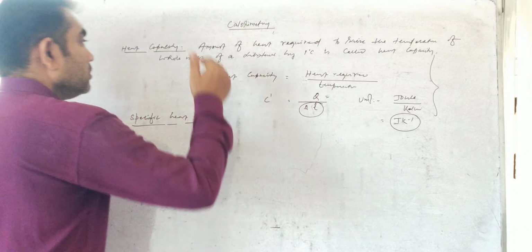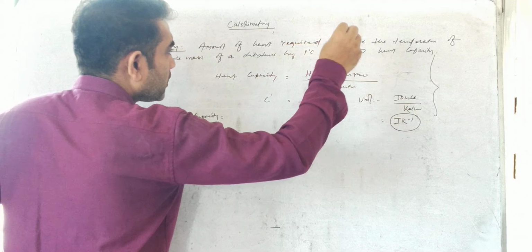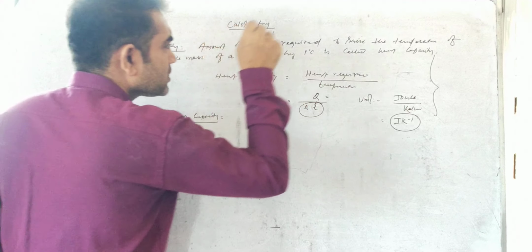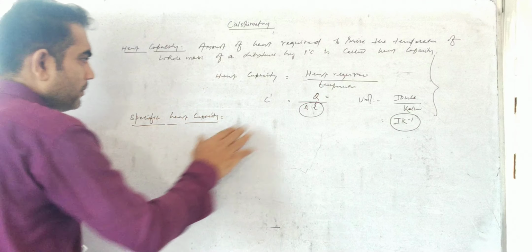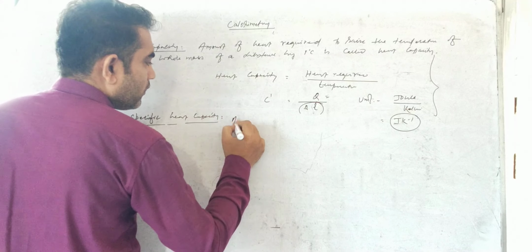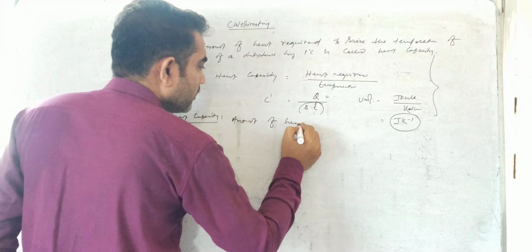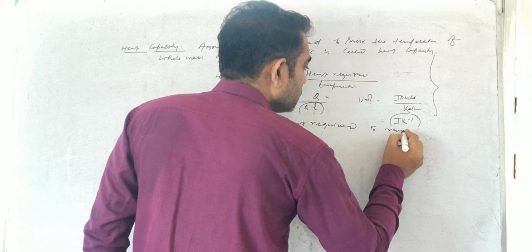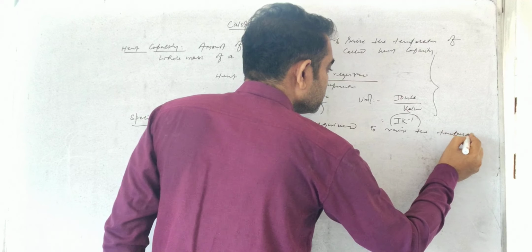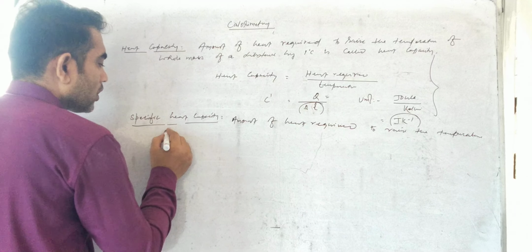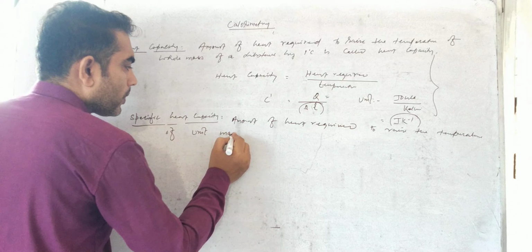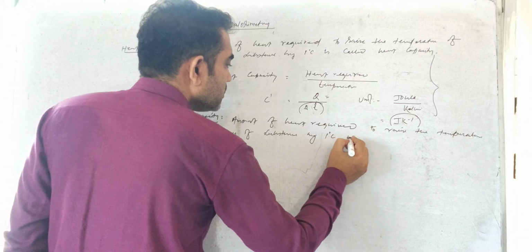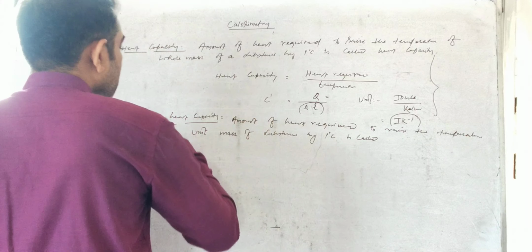Our definition will be: the amount of heat required to raise the temperature of unit mass of a substance by 1 degree C is called the specific heat capacity.